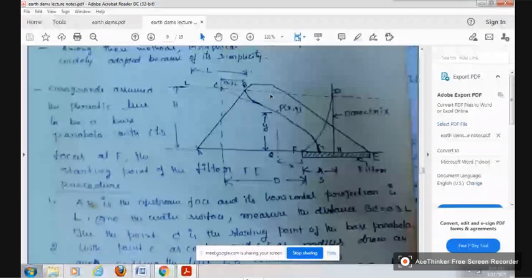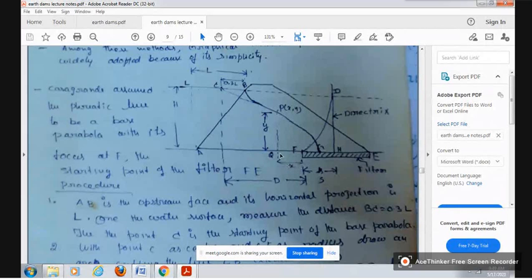Point P, right? The equation for this parabola. As I said, one of the properties of the parabola is that the distance from the focus is equal to the distance from the directrix. So what is PF in this case?